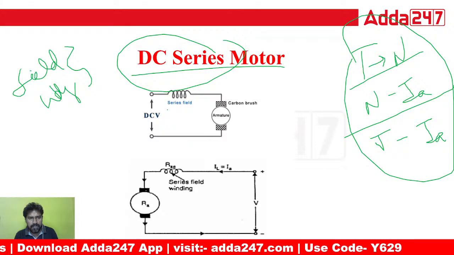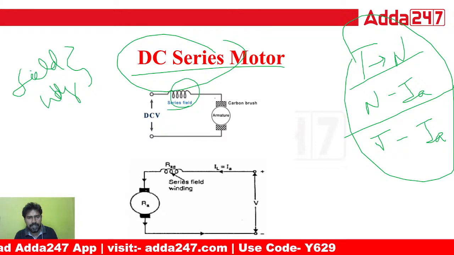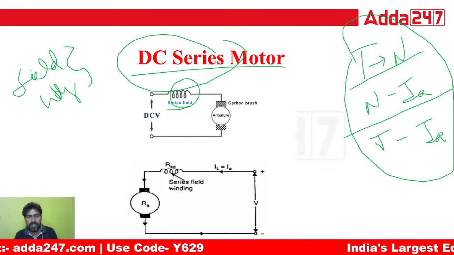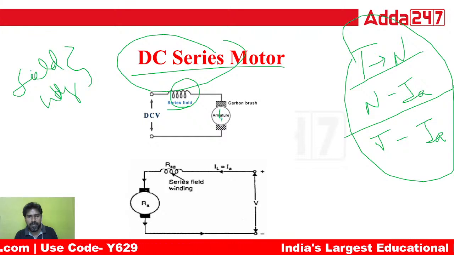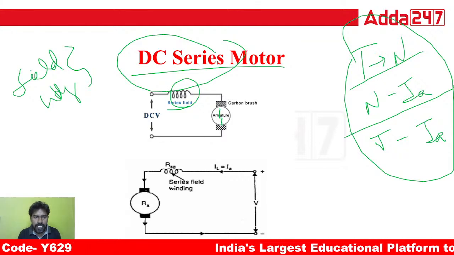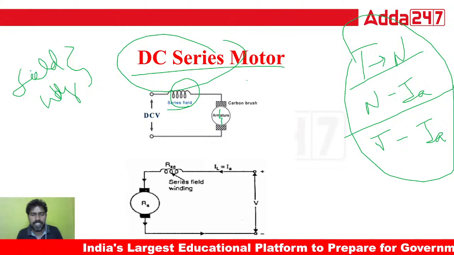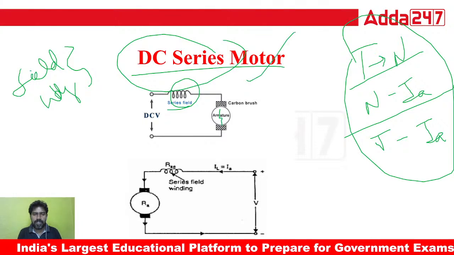Here this is the field winding, and the field winding is connected in series with the armature. This is the armature. Whenever these both are connected in series, we can say the motor is a DC series motor.